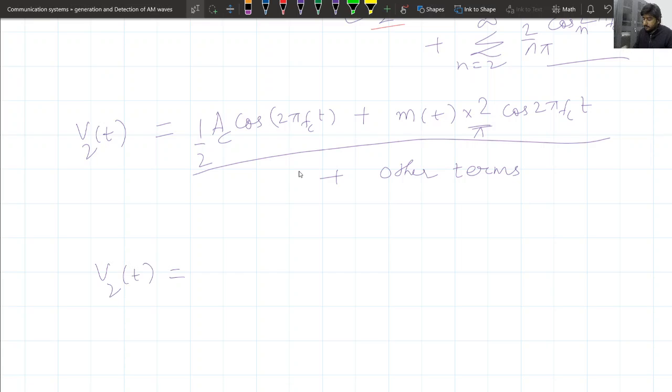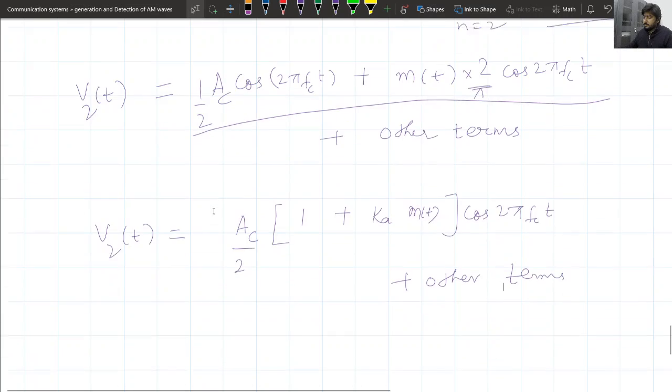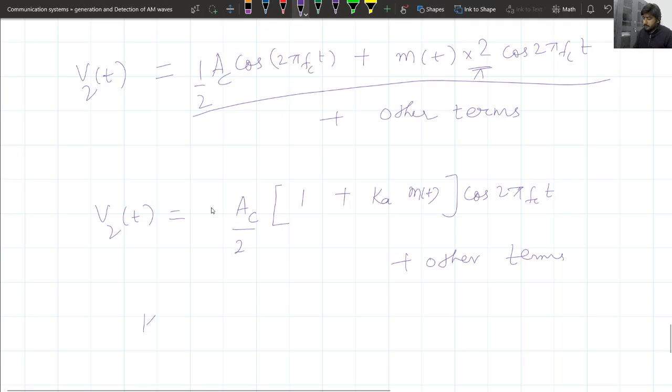So v2(t) can be written as, if you take Ac by 2 outside, then it will be 1 plus m(t) times, let's say, Ka, cos 2 pi fc t plus other terms, where you can write Ka as 4 upon pi into Ac. Right, this is the voltage sensitivity.